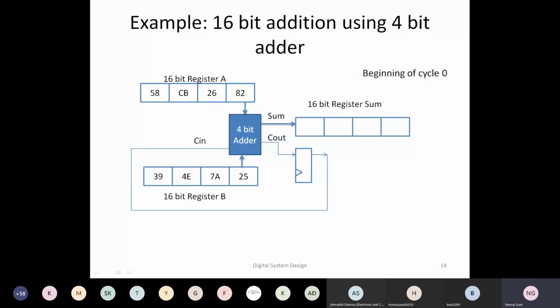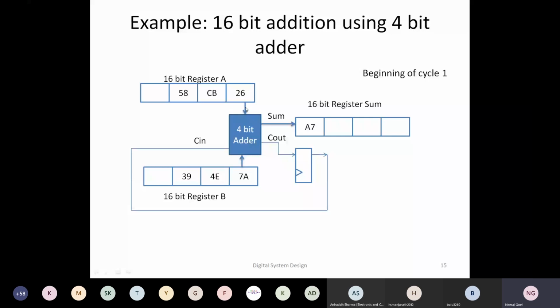So that means at the beginning of cycle 1, we can see that the sum is here, and along with that, the data also needs to be shifted. Instead of connecting all the 16-bit registers to this adder, only the last nibble can be connected to this 4-bit adder. So my content has to be shifted.